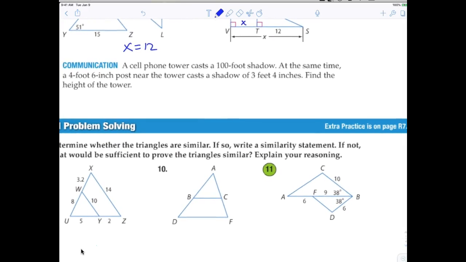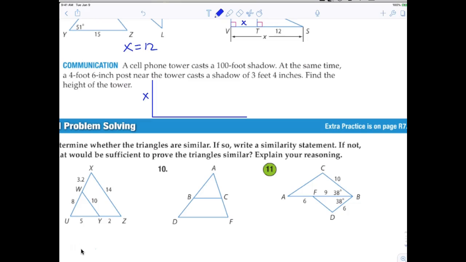All right. Now here it says a cell phone tower casts a 100-foot shadow. So here's my tower, and here is my shadow. Now, I don't know what the height of my tower is, correct?